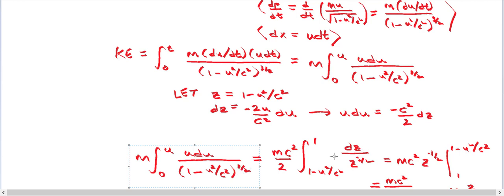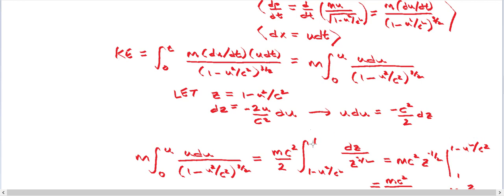We could write this in terms of z and say that this is equal to mc squared over 2 times the integral from 1 minus u squared over c squared to 1 of dz over z to the 3/2. This is actually an integral that's not terrible, and what we wind up with is mc squared z to the minus half from 1 to 1 minus u squared over c squared.